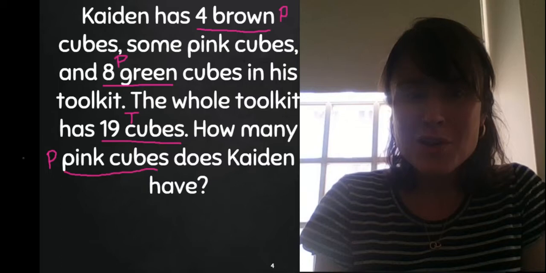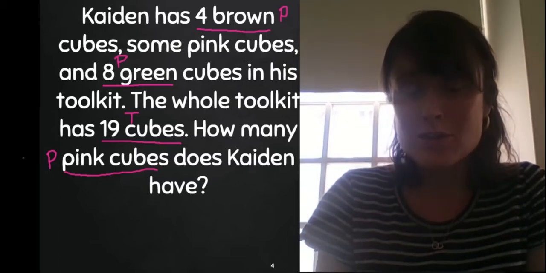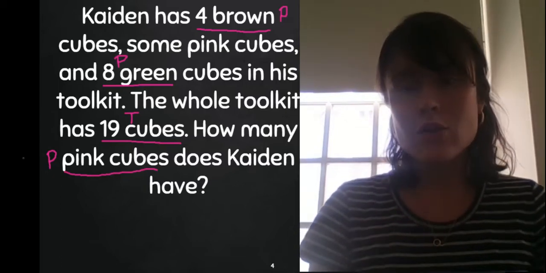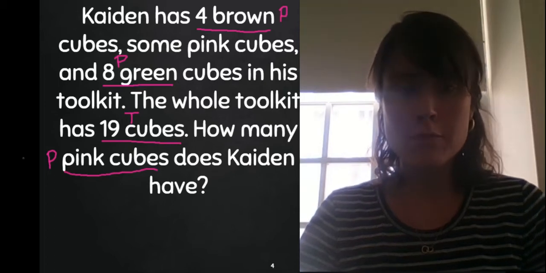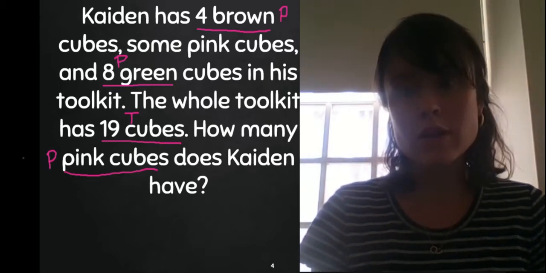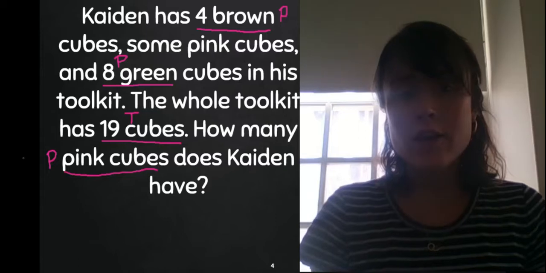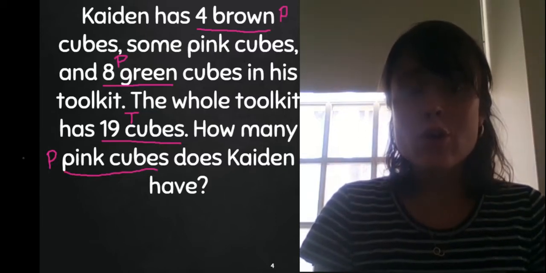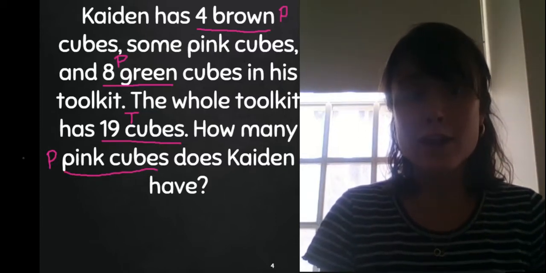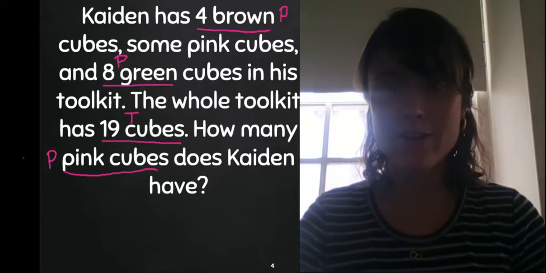So now I want you to use what we labeled in our story, and I want you to go ahead and set up a bar model. A bar model looks like a rectangle, like a candy bar. And in your bar model, show our three different parts and show the total. All right, go ahead and try that.